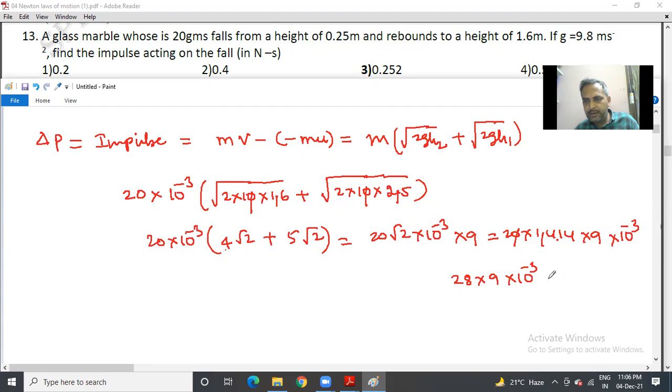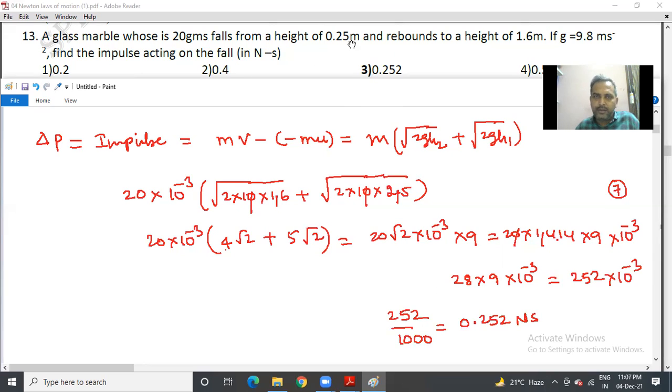So this will be roughly 2,545 into 10 to the power of minus 3. If you take this minus 3 down, it will be 1000. So approximately 0.252. Since impulse is the question, Newton second is the unit. So third option is correct. Let us proceed to the next question.